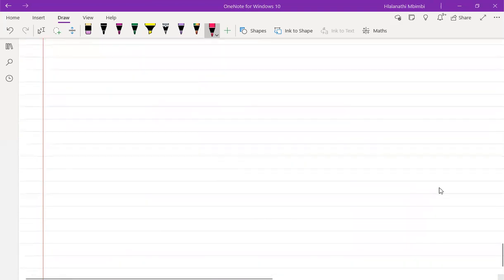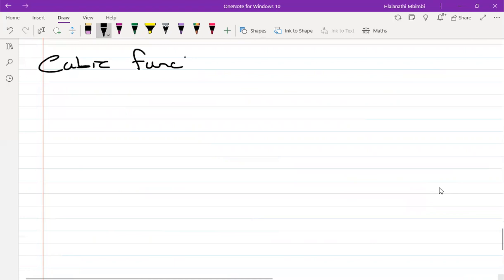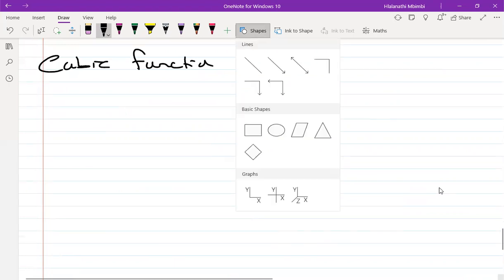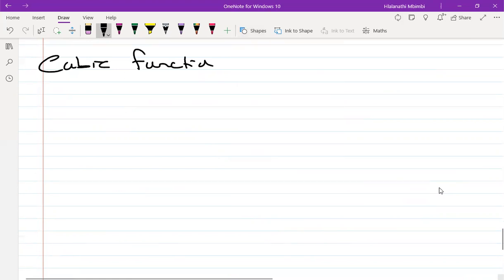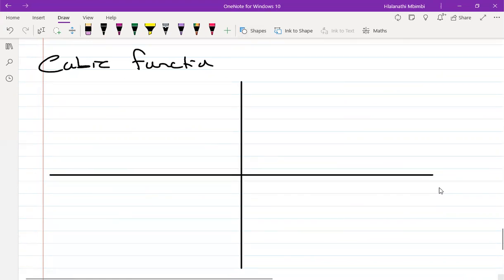Okay, now let's take a look at a cubic function. Let's take that Cartesian plane. A cubic function can have two forms, an increasing one or one that looks like that.